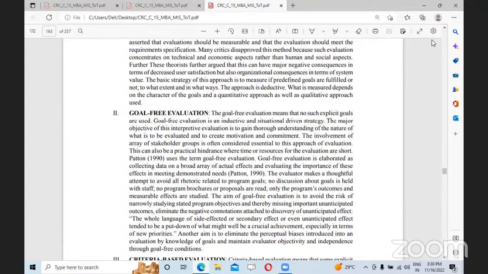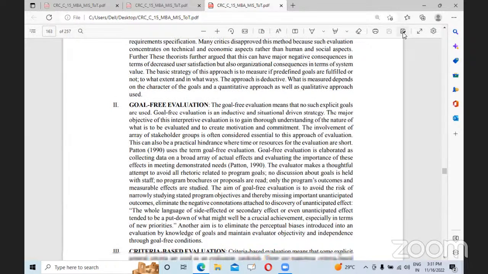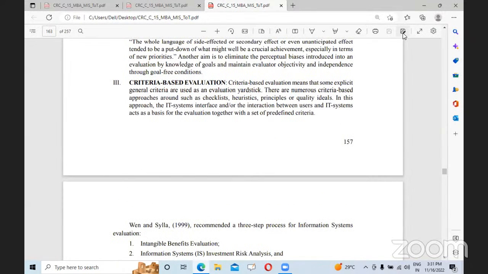Goal-free evaluation is elaborated as collecting data on a broad array of actual effects and evaluating the importance of these effects in meaning of demonstrated needs. Next method is criteria-based evaluation.